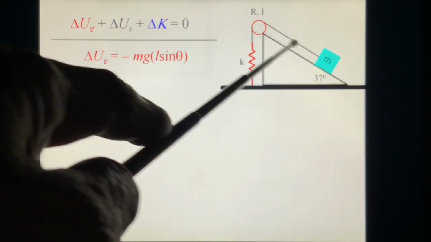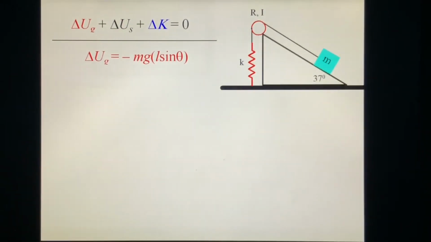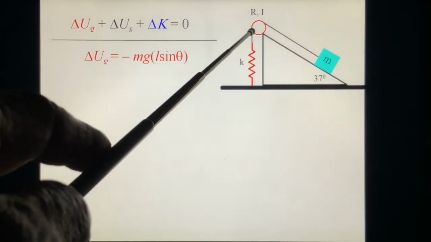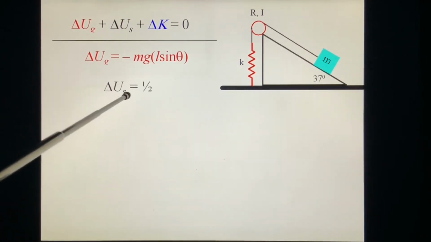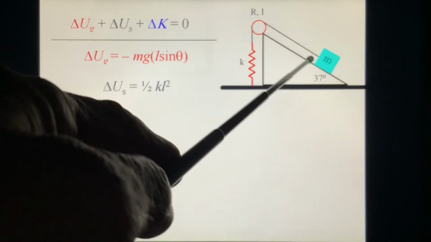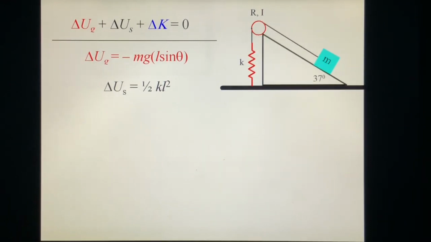Okay, this is L, this is sine, this is h, right? Look at the spring. The spring originally is 0 and is extend x, so we get delta U spring half k x squared. X finally is L, is 1 meter, so L squared.